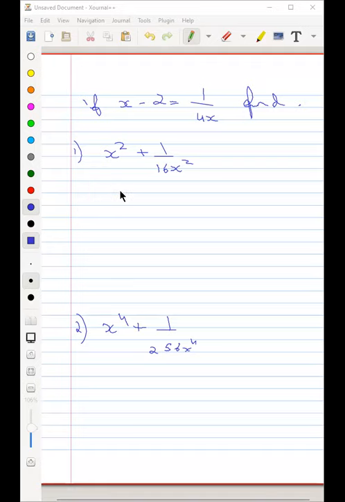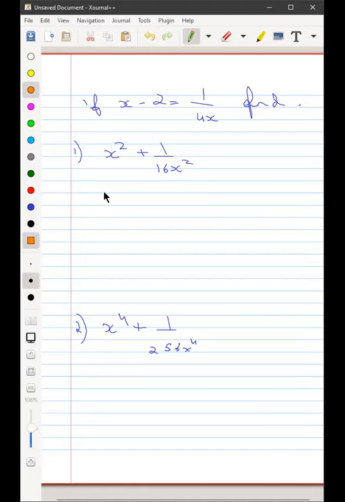Paki, unmute yourself. Yes, tell me, to find this out, what is the most obvious thing that we need to know? x squared plus 1 upon 16x squared. What would we need to know to find this out?